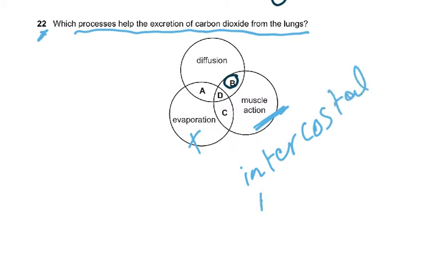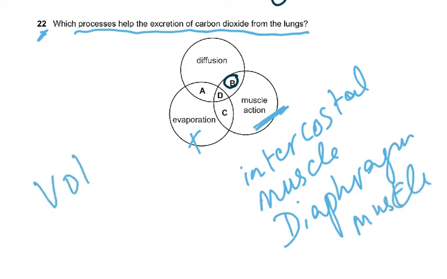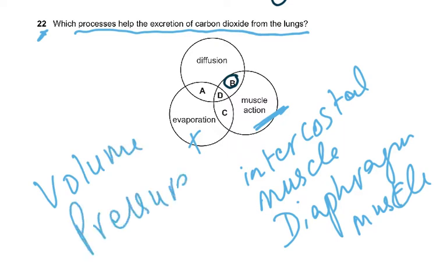If these got paralyzed, the person dies. And that is why we put them on a ventilator. So these two muscles contract and change the volume of the chest cavity, and that results in a change in pressure. And this pressure change causes air to move in or out of the lungs. You have to understand this if you have to do this question.